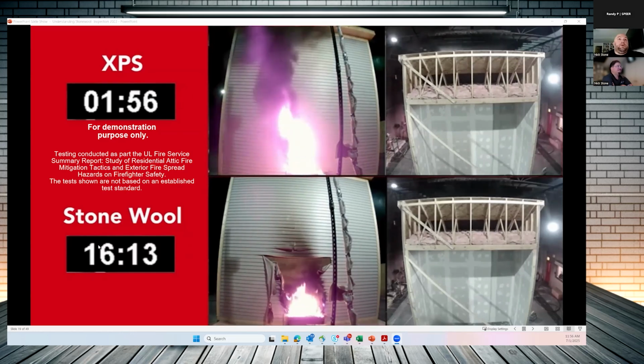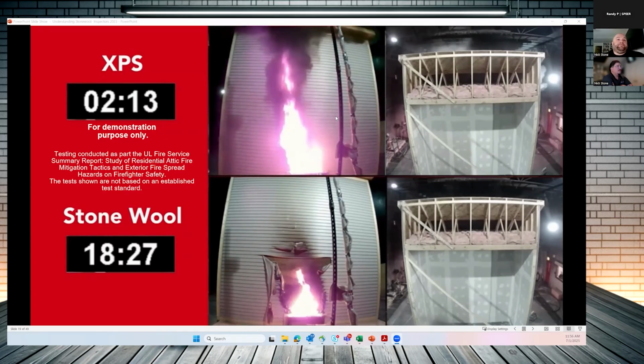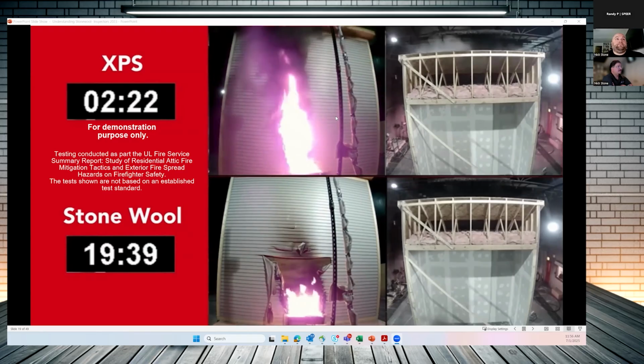Yeah. And you can see right now at around 2 minutes how thick that black smoke really is. And that's the stuff that incapacitates you and you get trapped inside that building.